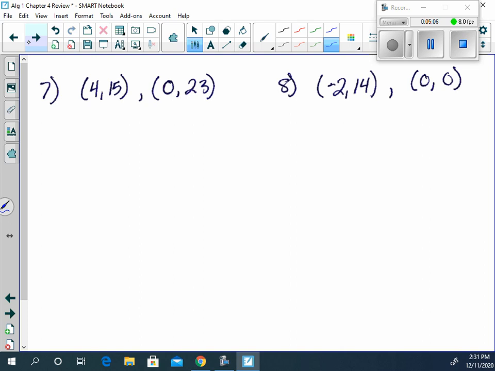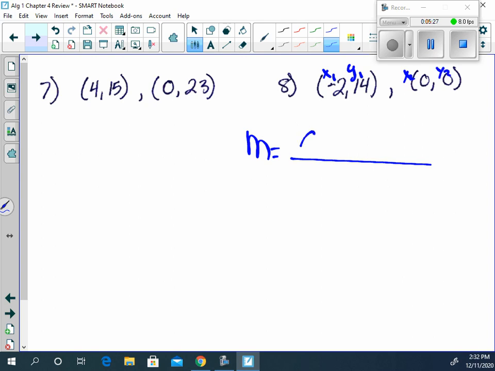Of these, do we want to look at 6, 7, or 8? Which one of those three do you want to look at? 8. So again, we're given 2 points, so I'll need to use the slope formula again. x1, y1, x2, y2.